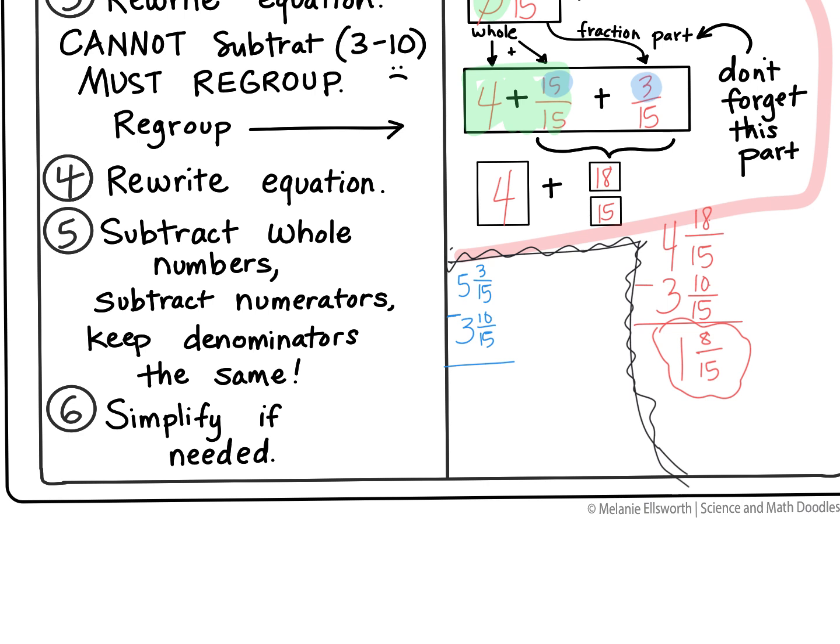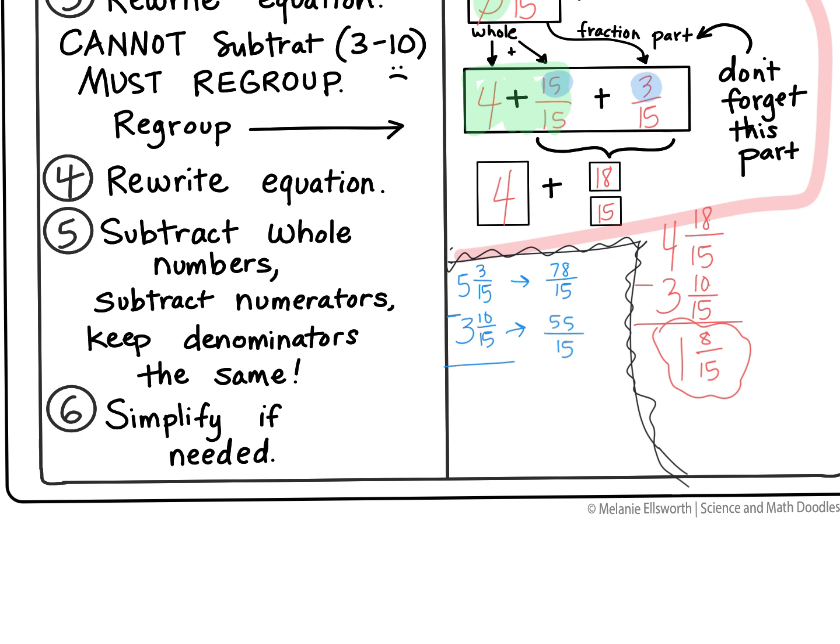If regrouping is really confusing, you can also change each of these to an improper fraction. So I would do 15 times 5, which is 75, plus 3, which is 78/15. And then the bottom one, 15 times 3 is 45, plus 10 is 55/15.